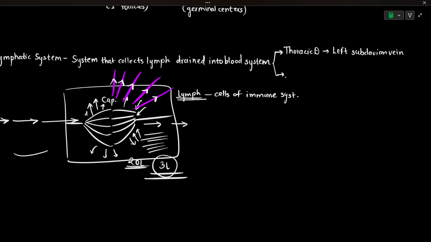The majority of the lymph will be given into the blood system by the thoracic duct, but there is a right system as well. The right lymphatic duct drains all of the lymph present in that duct into the right subclavian vein.